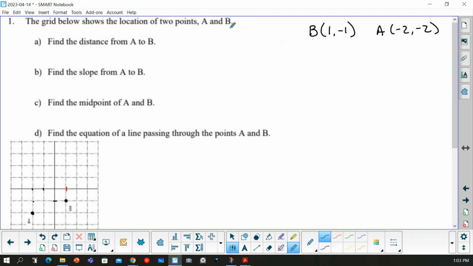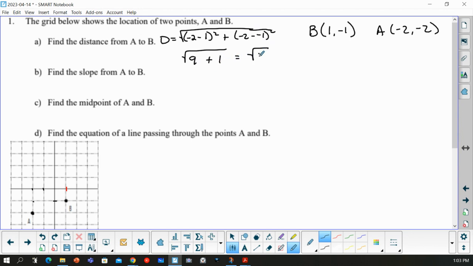All right, so let's do these different formulas. Distance formula first. Distance equals square root of x2 minus x1 squared plus y2 minus y1 squared. -2 minus 1 is -3. -3 squared is +9. -2 minus a -1 would be like -2 plus 1, which would just be -1. -1 squared is a +1.